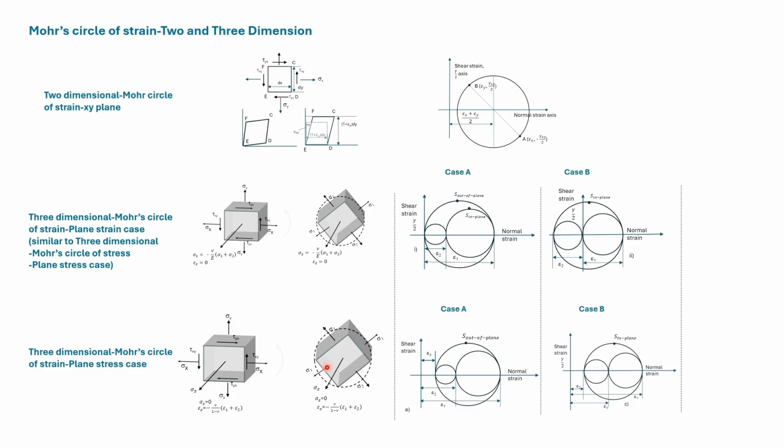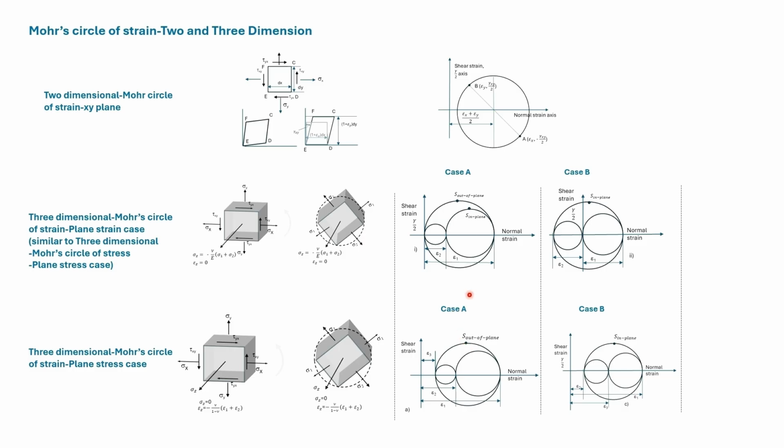Here we have rotated the element so that the perpendicular to the surface are all aligned with the principal directions. We can obtain the strain in the z principal direction from the strain in the other two principal directions.